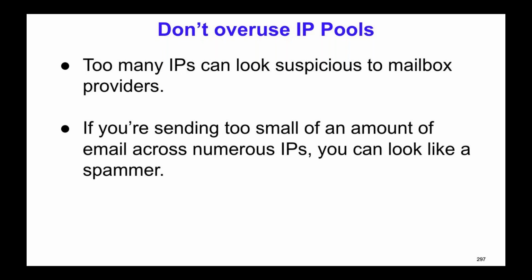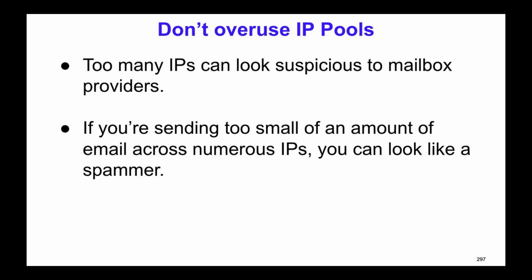Similarly, the email types are different across teams, and you want to secure the IP reputation for each department, so you can have multiple IP addresses. But again, you will have to make a judgment call: am I overusing my IP pools for the tiny amount of emails that I'm sending? So you've got to make a judgment call based on the email volume versus the various email types.